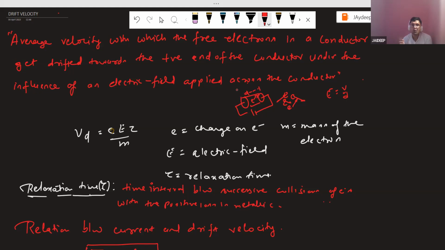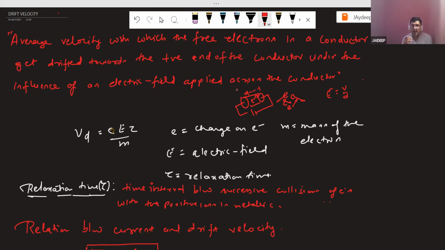I repeat: in absence of electric field, the electrons move randomly, so the average velocity comes out equal to 0. But when we apply a potential difference across its ends, an electric field is applied.